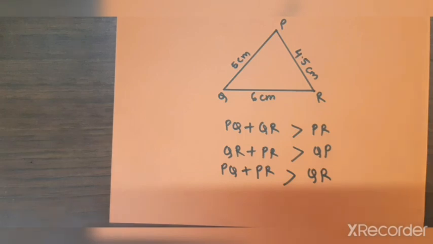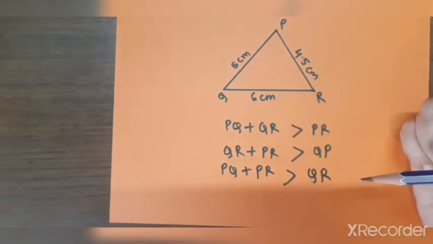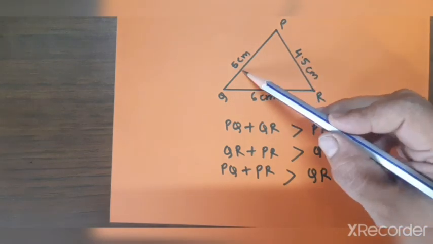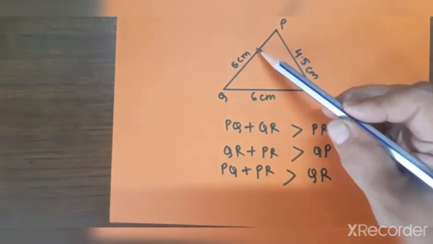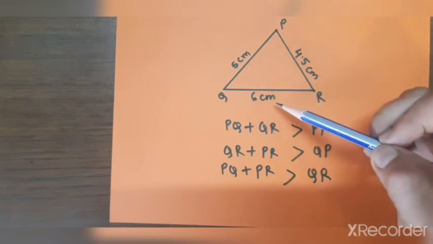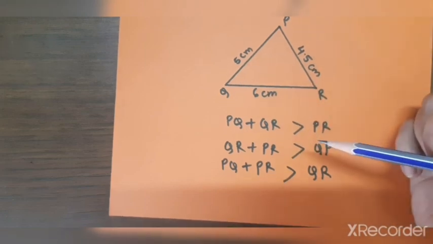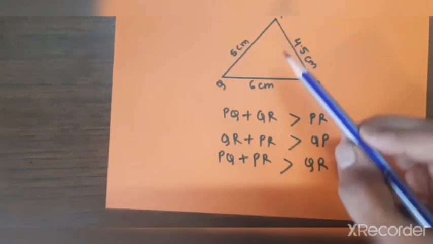Now what do you observe here? If you take the addition of any two sides, it is always greater than the third side. We tried with PQ and PR, with QR and PR, with PQ and QR, and every time the addition of any two sides is always greater than the third side. So what property do we study from here?